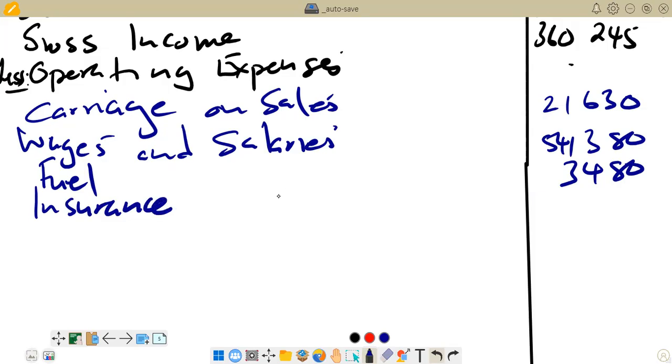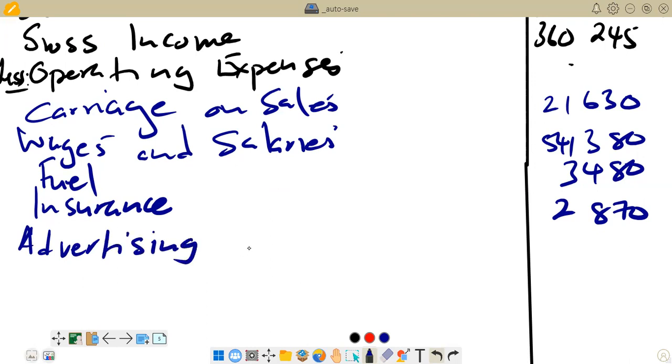So for the figure for insurance, we are saying we have 2,870. And then the figure for advertising that we have is 6,620.